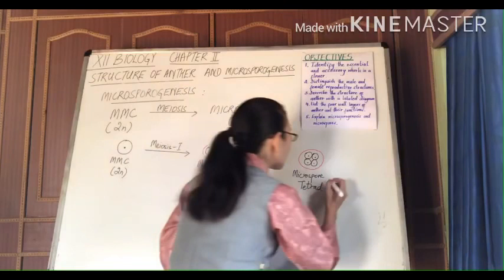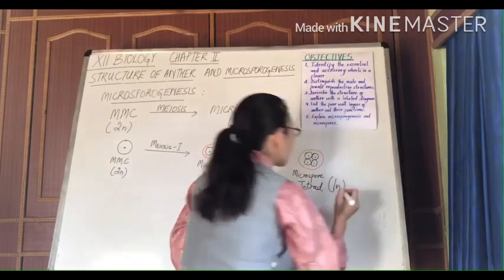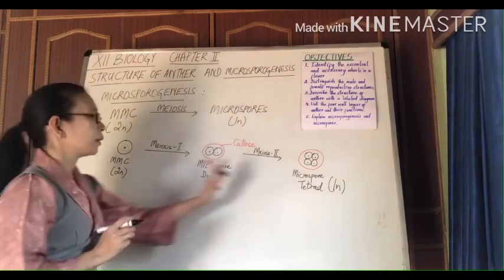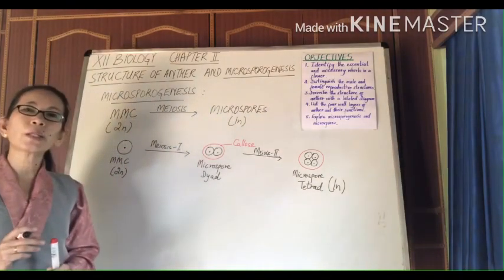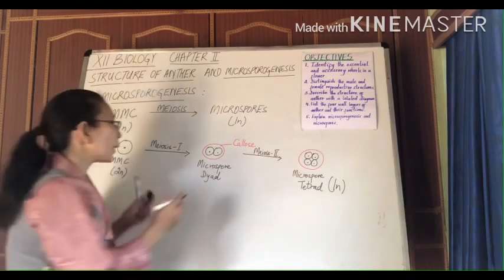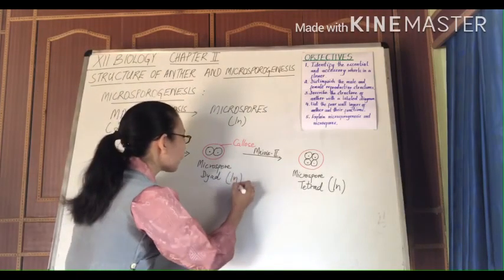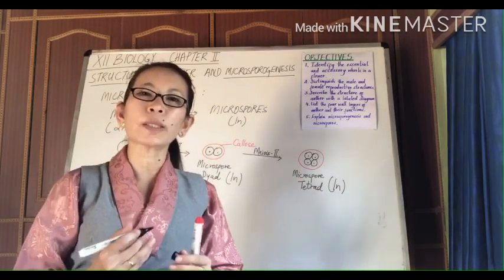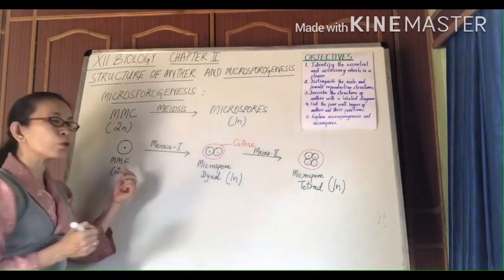Because we have 4 of the cells here, they are collectively called a microspore tetrad. And these microspore tetrads are all haploid cells, okay? Because the division that is taking place in the MMC is meiosis. So microspores are haploid cells obtained through meiosis from a diploid microspore mother cell.